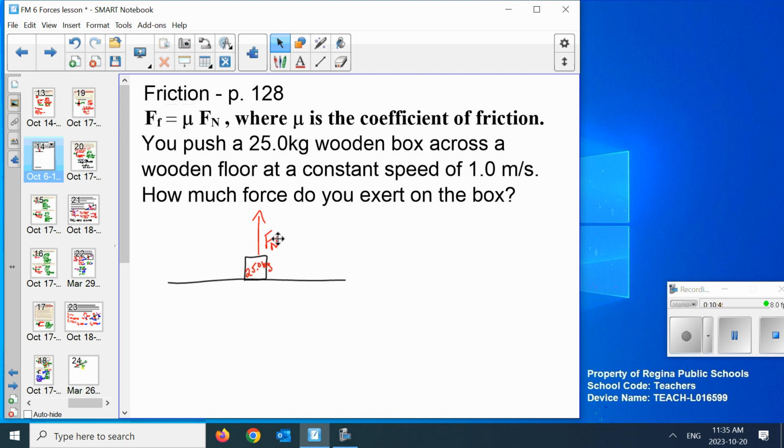But it's really the floor pushing up, and it's equal and opposite to the gravitational force, the weight. Now, we know how to calculate the weight force. Maybe I'll just do this as an aside. FG.